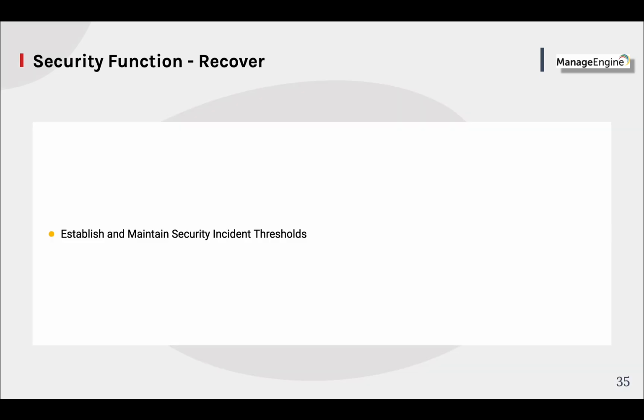Let's move on. The last one of today's discussion, security function recover, establish and maintain security incident thresholds. So establishing and maintaining security incident thresholds, including at a minimum differentiating between an incident and an event.